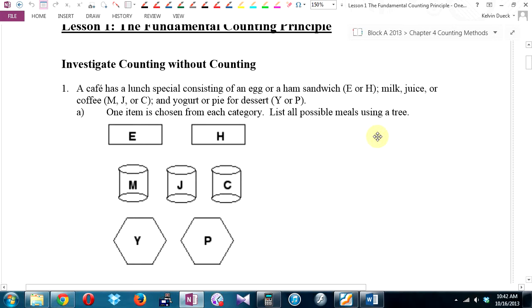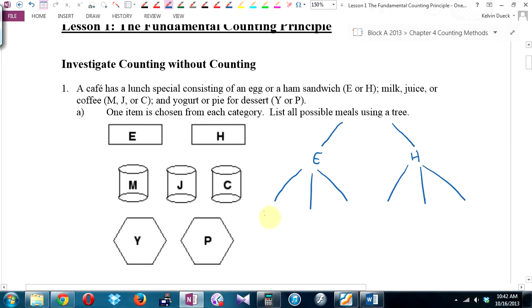My first choice is an egg or a ham sandwich. And then from there, I have 1, 2, 3 choices. It can be milk, juice, or coffee.